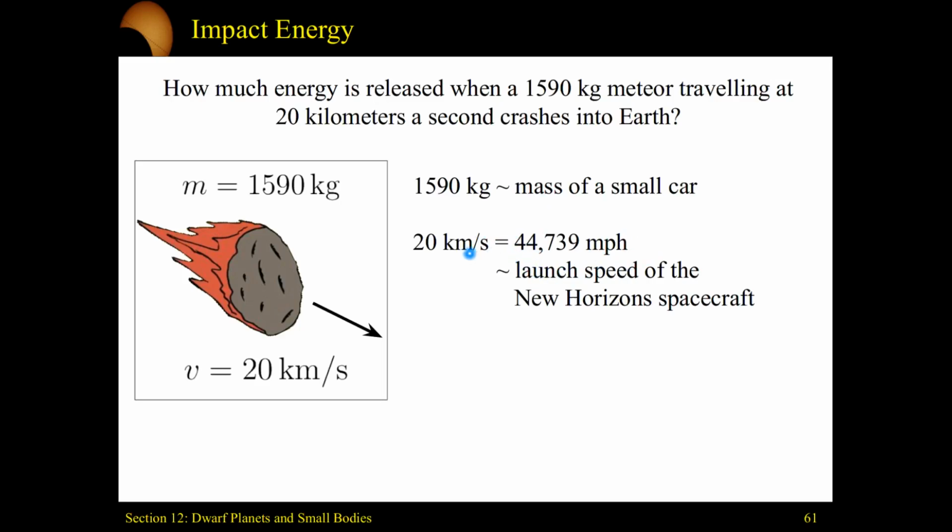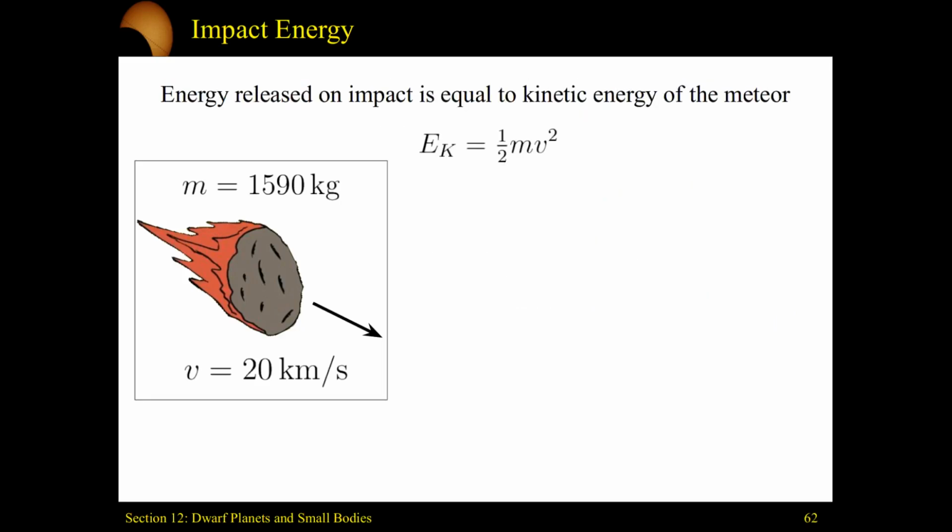For reference, this 20 kilometers a second is roughly the launch speed of the New Horizons spacecraft. So it's not a very unreasonable calculation that we're doing here. These are speeds that we have achieved by just throwing things up into space. So the question is, how much energy is released upon that impact?